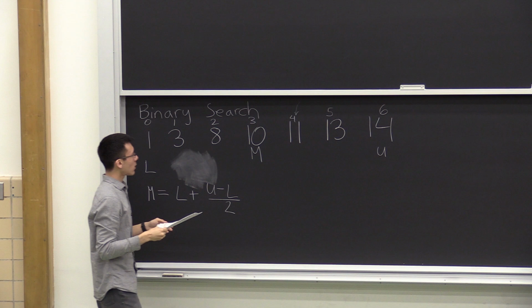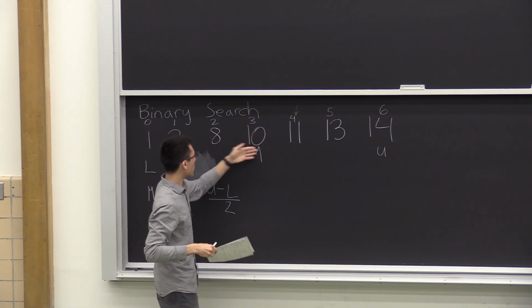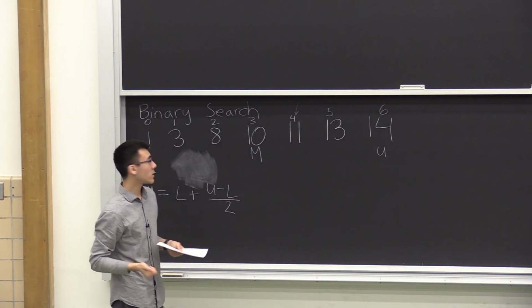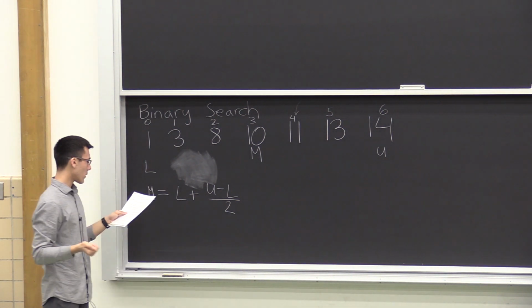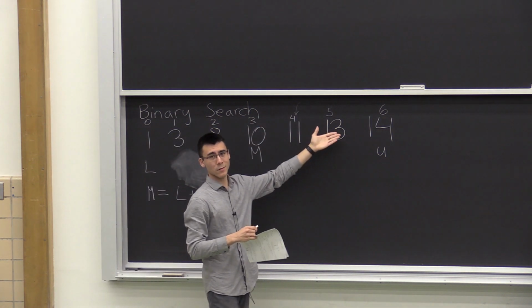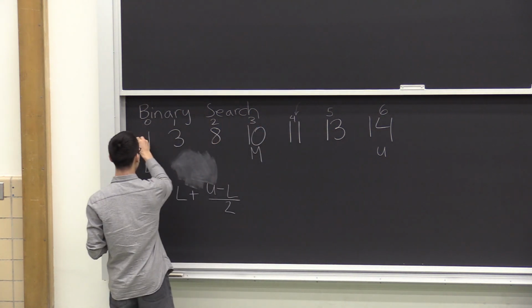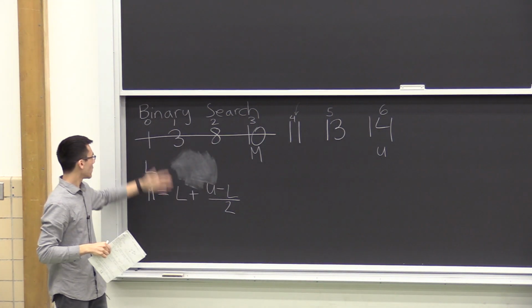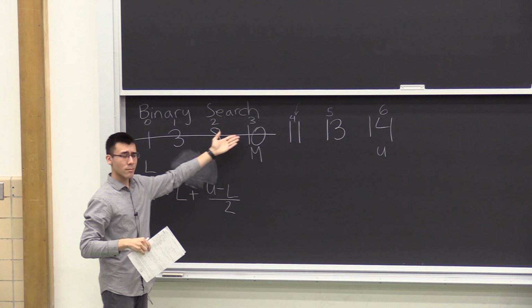Now all we do is look at the number here, 10, and compare that to 11. We see that 10 is smaller than 11, so we know that 11 has to be somewhere to the right of this. So we effectively cross out this part of the array.